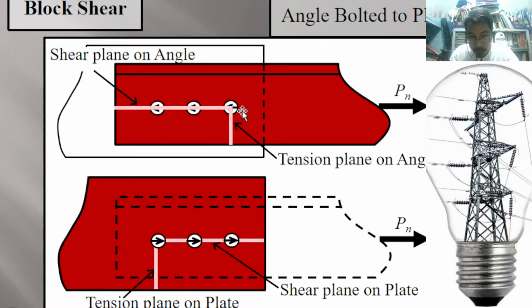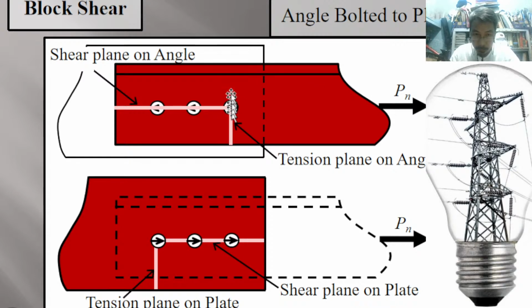Rather than the failure plane proceeding longitudinally throughout, it will just proceed up to the last bolt hole and then turn 90 degrees on either side, most probably on this side without the leg, because this is the weaker side compared to the other side.